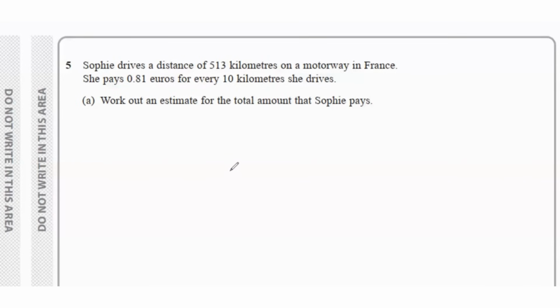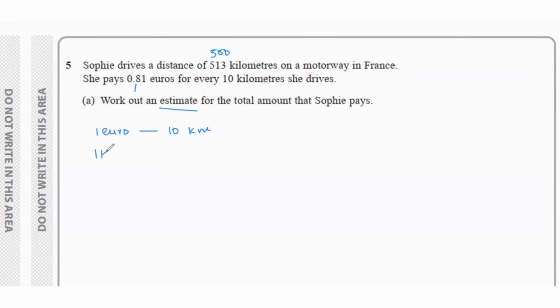Question 5 says Sophie drives a distance of 513 kilometers on a motorway in France. She pays 0.81 euros for every 10 kilometers she drives. Work out an estimate for the total amount that Sophie pays. So since they want us to work out an estimate, let's round 513 to 500, 0.81 to 1. So 1 euro gives us 10 kilometers.